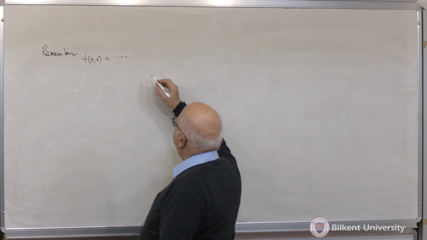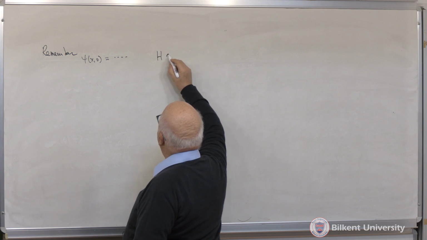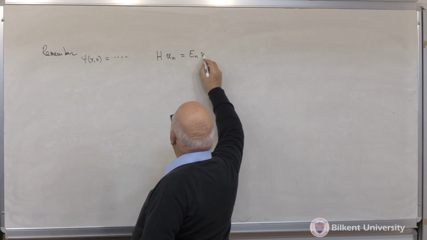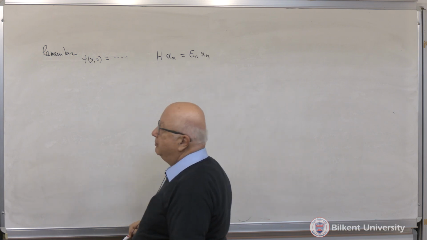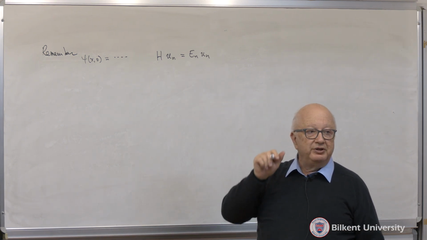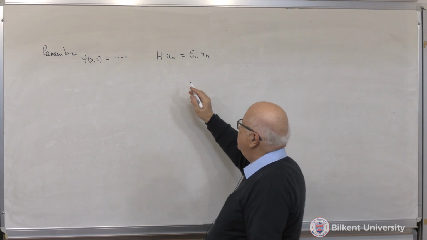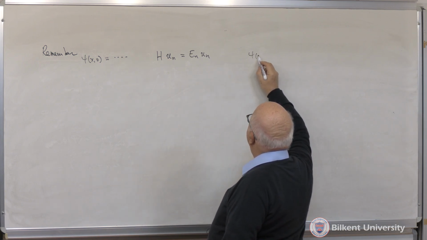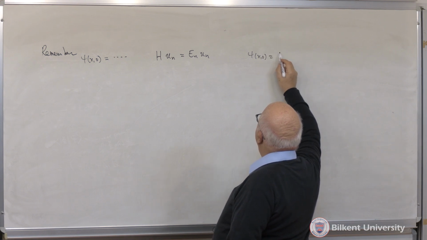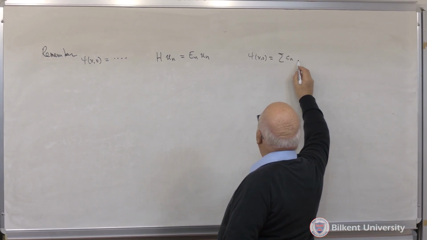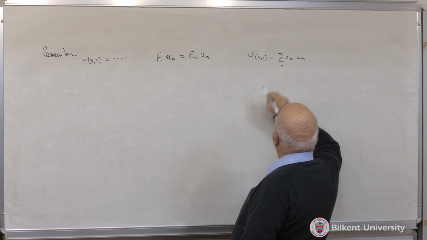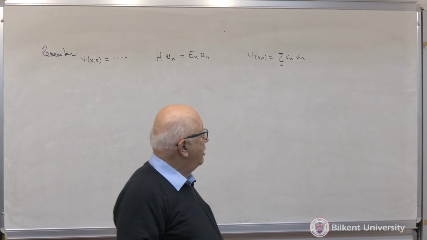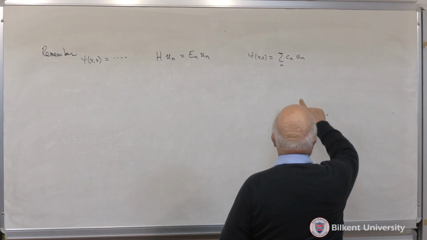And we have this h times un is equal to en un. So these are the eigenfunctions. And now I want to expand this psi x0 in terms of these Cn uns for various reasons, right? And how did we find these Cn's?